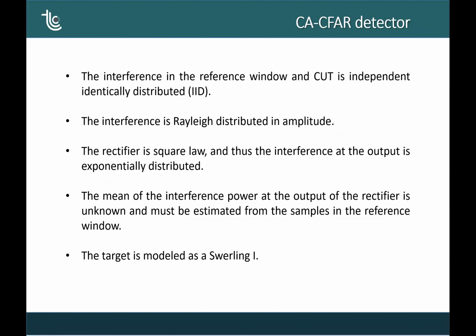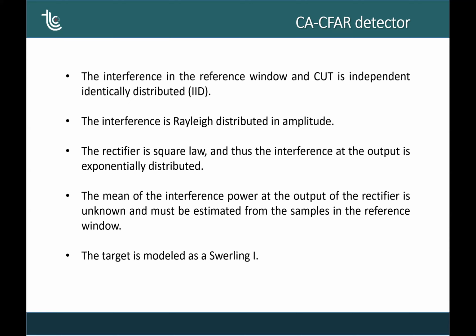Okay, so what are the hypotheses that we generally make to implement these detectors, particularly all these incoherent CFAR detectors, but in particular the CA-CFAR that is the most used in passive radars? We suppose that the interference, so the noise in the reference window, so in the samples surrounding the cell under test, are independent and identically distributed.